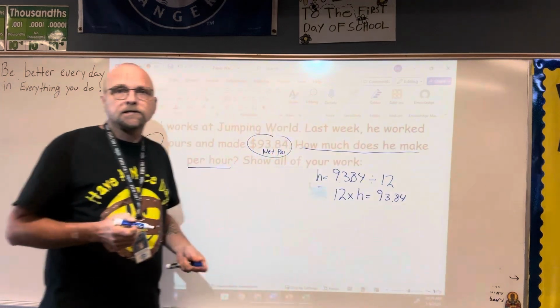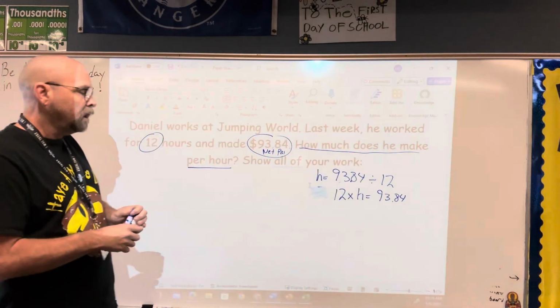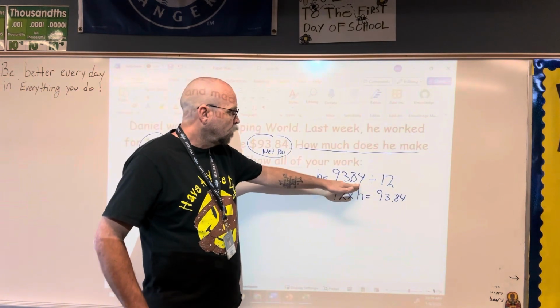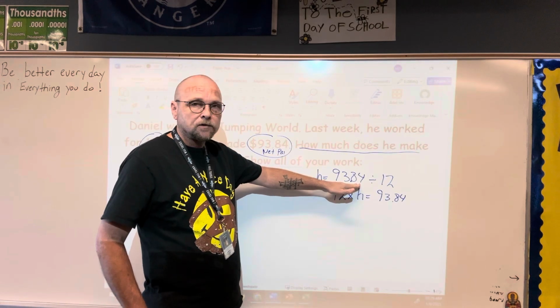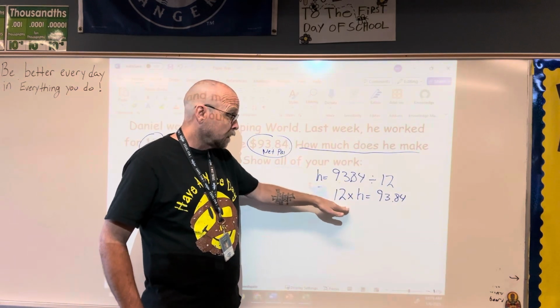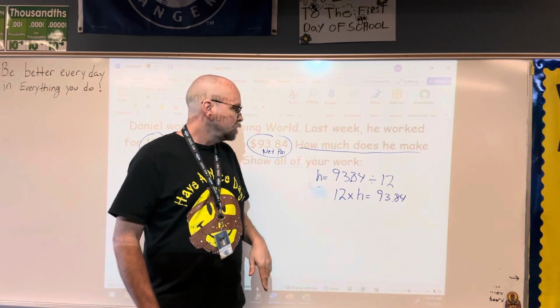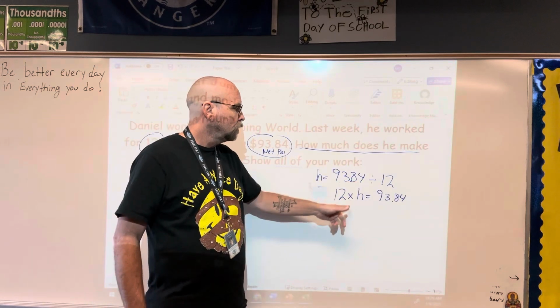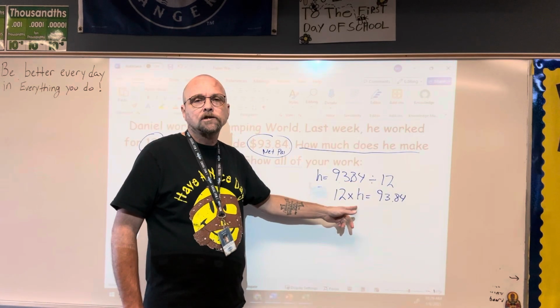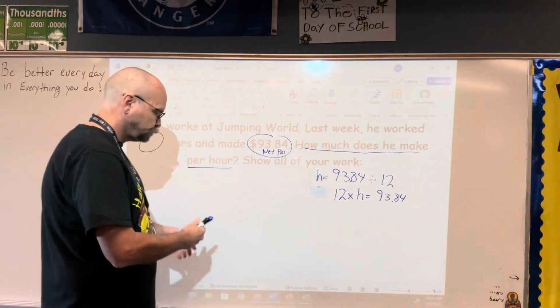So you can see it written several different ways. All we have to do is figure out what $93.84 divided by 12 is, or what times 12 equals $93.84. Because we know that division and multiplication are inverse operations.